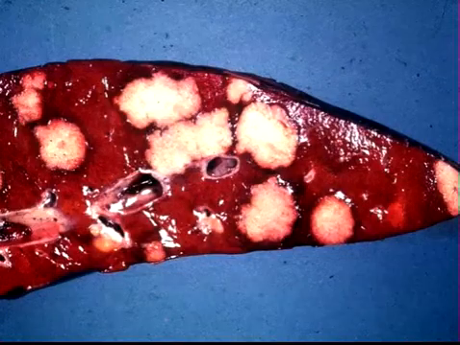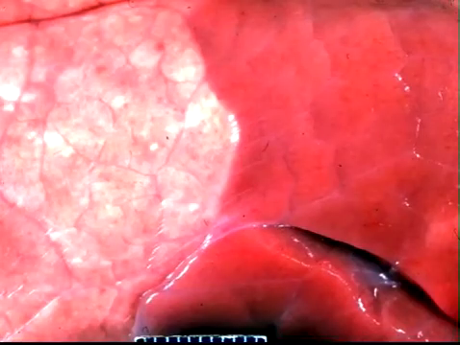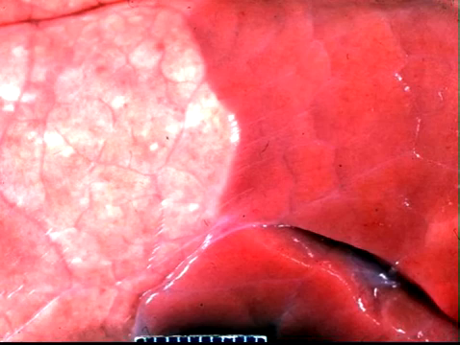Okay, we have one more image. This is tissue from a pig. I would like you to name the disease and give me the cause. Okay, this is probably from a grower finisher pig, maybe between 4 and 8 months of age.